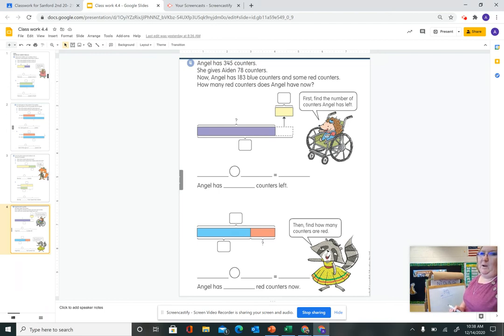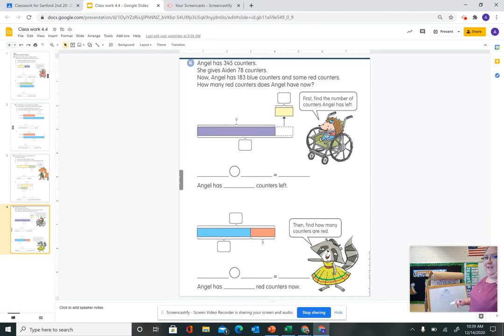I'm not going to worry about that part until later. First, I just want to figure out how many counters she has after she gave Aiden 78. So I'm going to have to borrow because I know 78, 8 is bigger than the 5. So I'm going to go next door to that 4. That 4 is going to become a 3, and that 5 becomes 15.